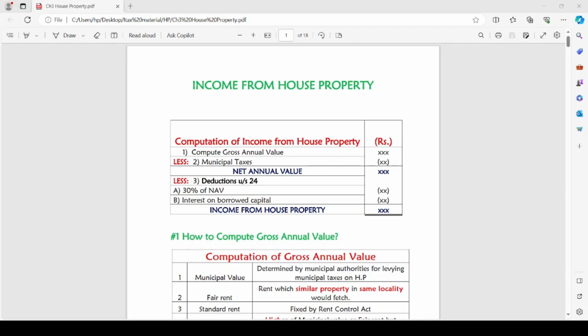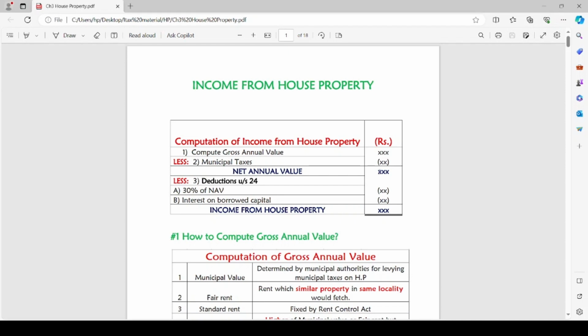When he claims deduction for interest on such loan borrowed for acquisition, construction, repair, renewal or reconstruction of the house property, then there might be a loss if the assessee is owner of a self-occupied house property. Let us discuss all these concepts in detail as we further head into our session.